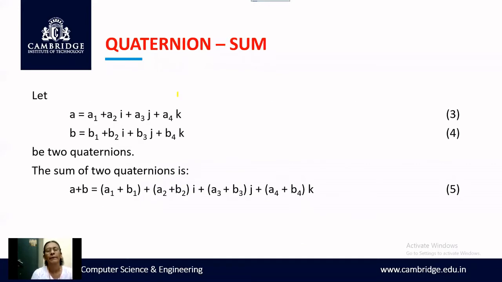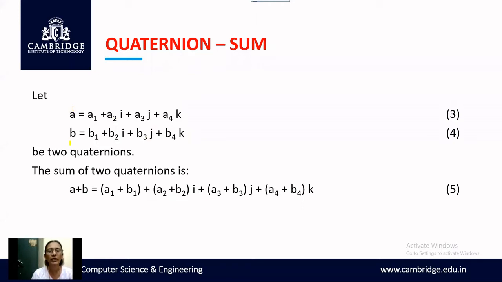Next we see how we add two quaternions. Suppose A and B are two quaternions defined by A equal to A1 plus A2 i plus A3 j plus A4 k, and B equal to B1 plus B2 i plus B3 j plus B4 k.